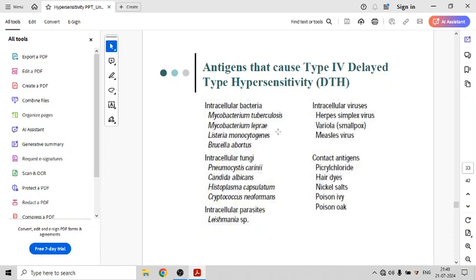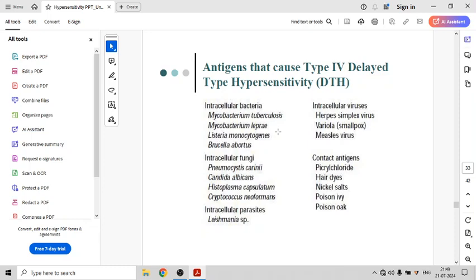Viruses like herpes simplex virus, variola virus, and measles virus are known to cause delayed type hypersensitivity. There are intracellular fungi which cause this type of reaction, that is Pneumocystis carinii, Candida albicans, Histoplasma capsulatum and Cryptococcus neoformans.